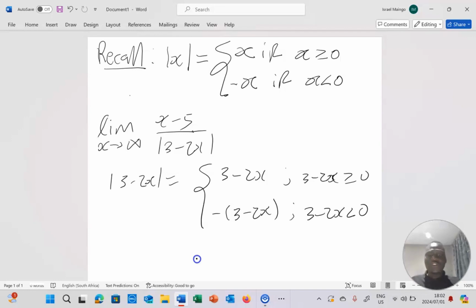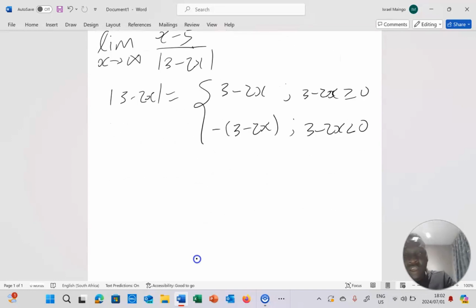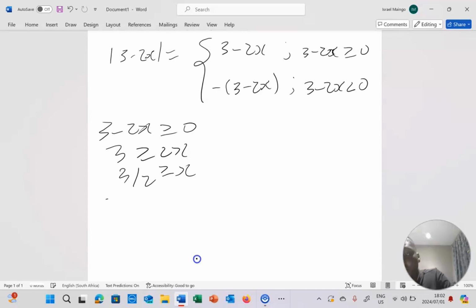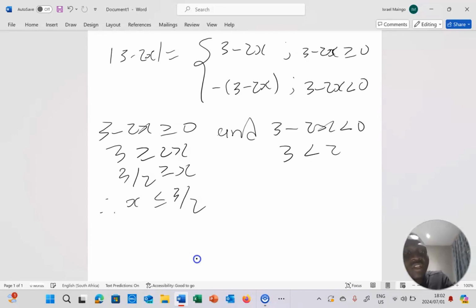So if we solve these, 3 minus 2x greater or equal to 0 gives 3 greater or equal to 2x, then 3 over 2 greater or equal to x. That means x is less or equal to 3 over 2. And 3 minus 2x less than 0 gives 3 is less than 2x.